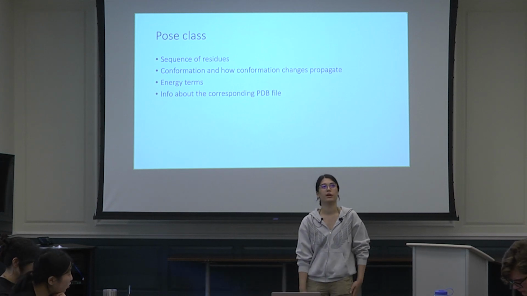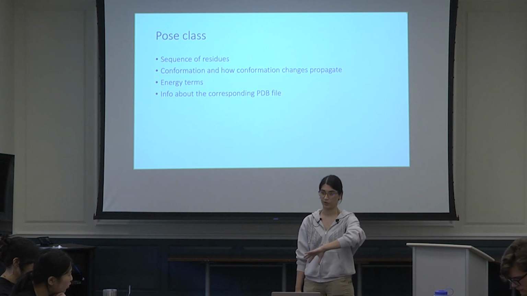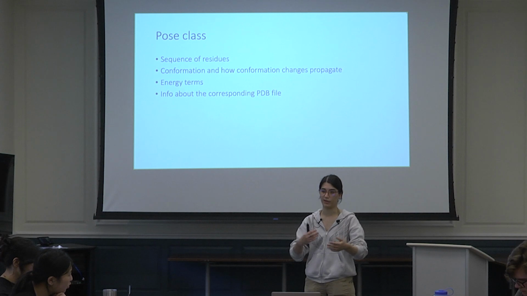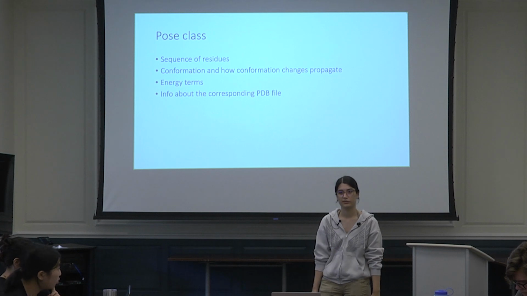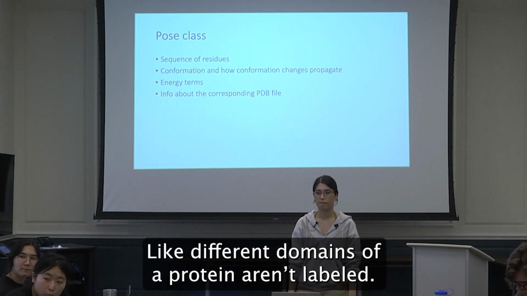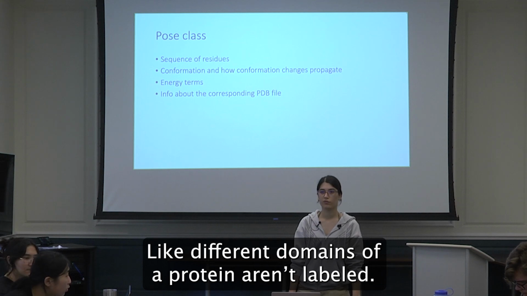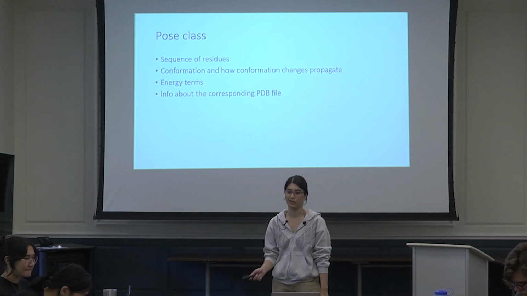Okay, so let's say the sidechain atoms that belong to one residue identity. We have the correct number of sidechain atoms and their coordinates listed. What else? The domains. Okay, we'll think about that in a second.